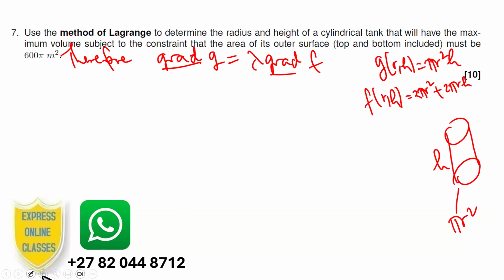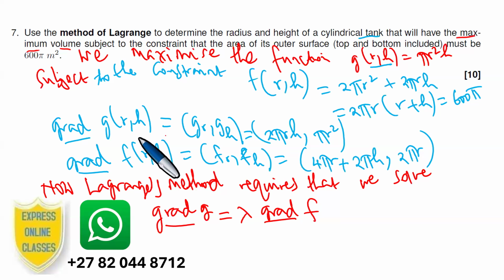The gradient of G, we have already got it. What is the gradient of G? Right, the gradient of G is 2 pi r h, then pi r squared.